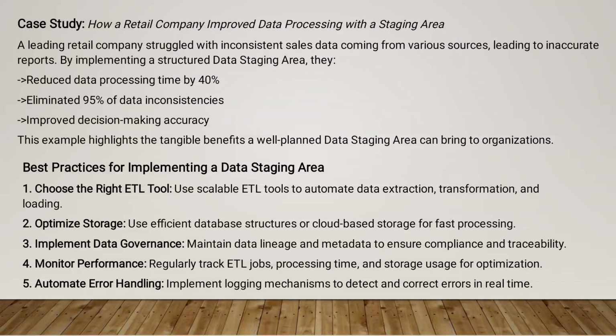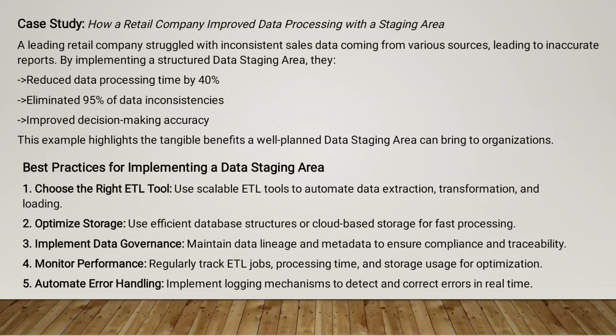How a retail company improved data processing with a staging area. A retail company faced inaccurate reports due to inconsistent sales data from multiple sources. After implementing a data staging area, they achieved 40% faster data processing, 95% fewer data inconsistencies, better decision making accuracy.